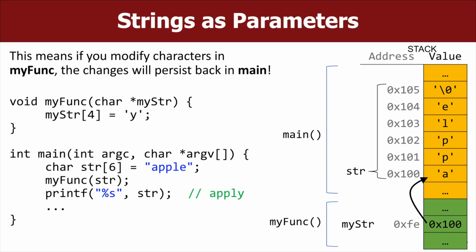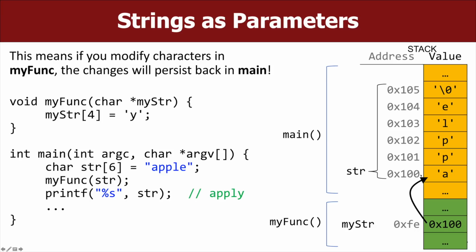So as an example, if we say my_str[4] equals the character y, what this means is advance my_str 4 places, dereference, and store the y character there. So if we walk through what this does, my_str stores the address 0x100, advance that 4 places. So that means 1, 2, 3, 4.